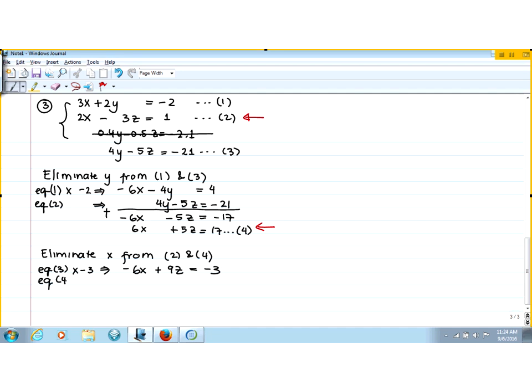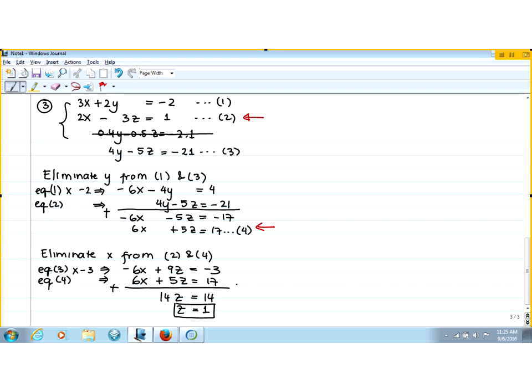And then equation 4, we just copy: 6x plus 5z is 17. So what do you think here? 14z is 14. Z equals 1. Good.